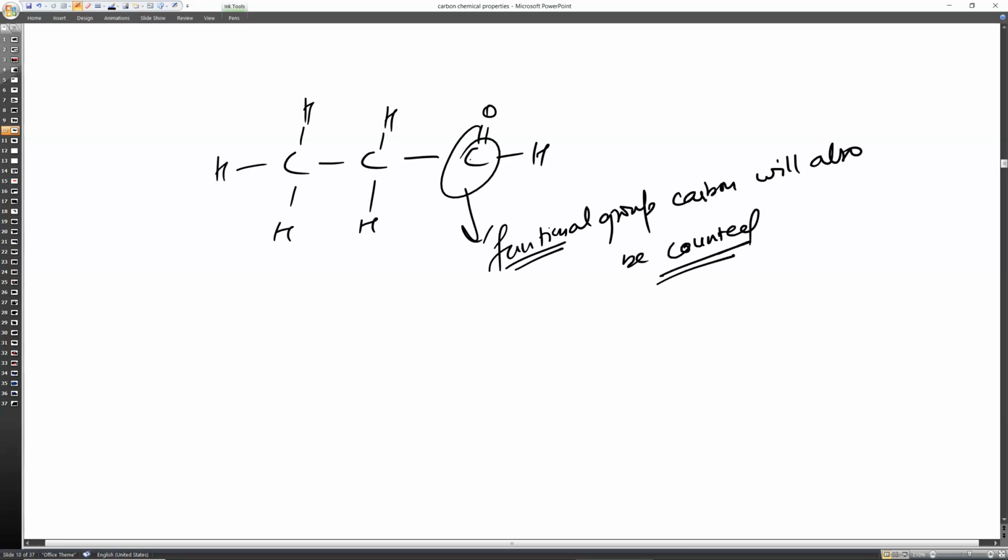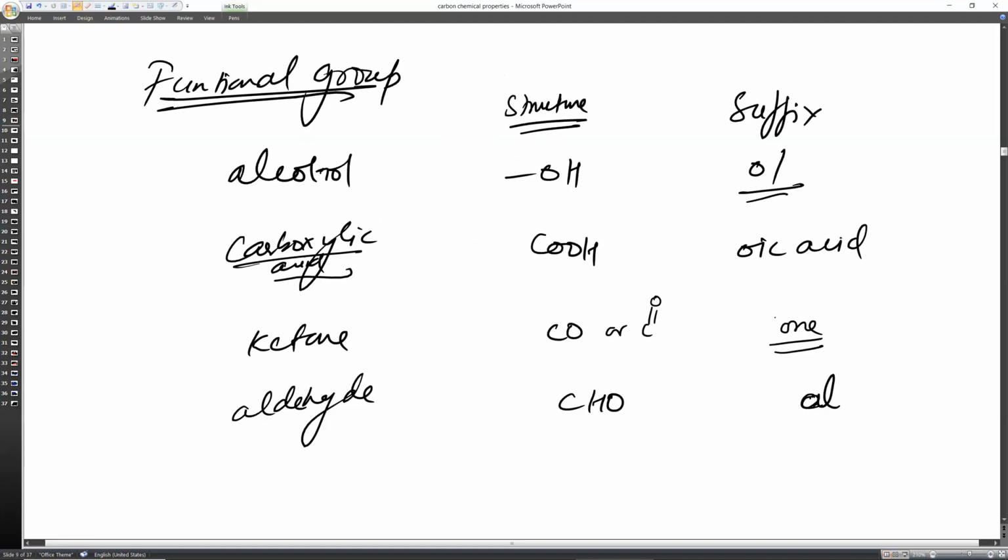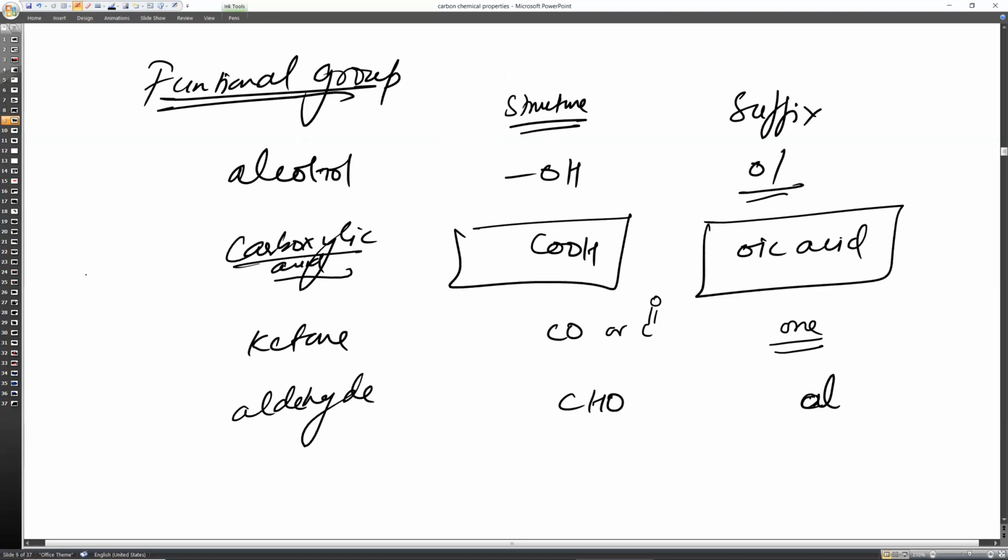For example, there are three carbons, 1, 2, 3. So the name of this one would be prop, carbon-carbon single bond "an", and we will remove the E because we need to add the suffix. This is a functional group for the suffix, and for this one we have written that the suffix is oic acid. So we will add oic acid to it.